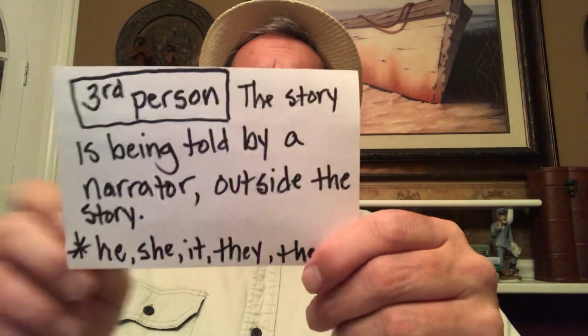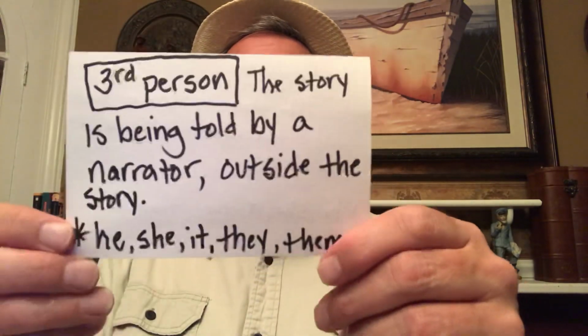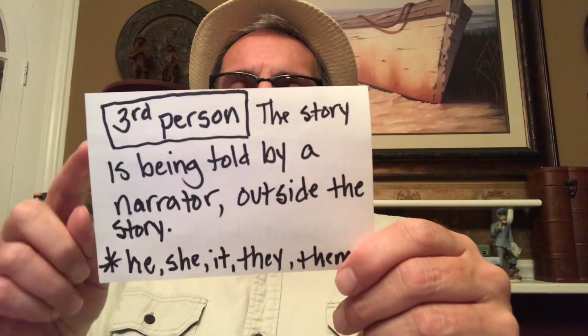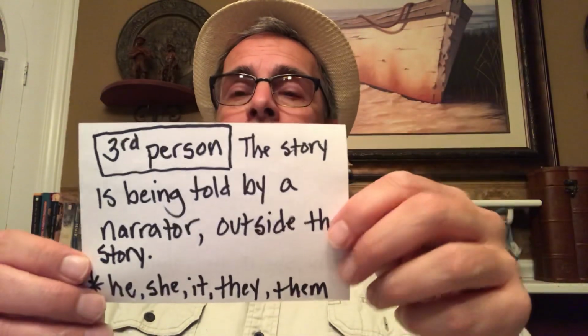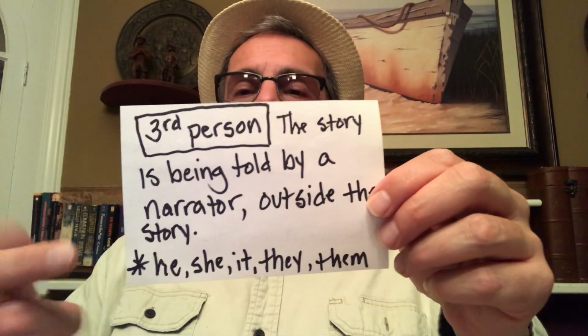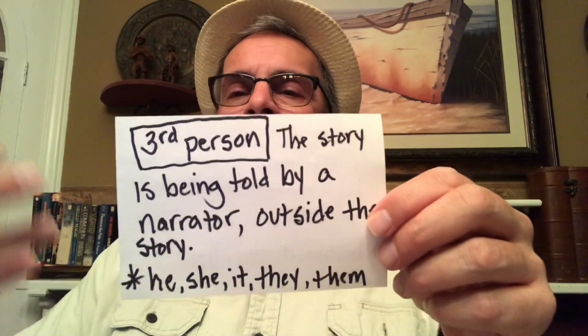So that's first person. Third person point of view is when there's a narrator telling the story. The narrator's not in the story. Third person point of view is the story being told by a narrator outside the story. And in this kind of story, the narrator, just like someone would be telling you a story, uses pronouns like he, she, it, they, them.